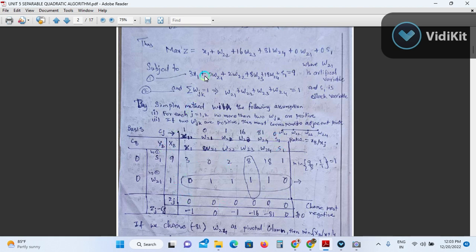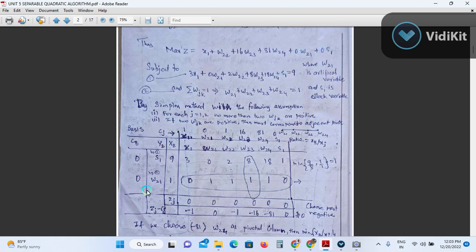From the first constraint, we'll put all these coefficients. Naturally, I have to take this S1, because we always concentrate on the slack variable and artificial variable. So here the basis variables are the slack variable and artificial variable, and their corresponding values are 9 and 1. Their corresponding coefficients here are 0 and 0.